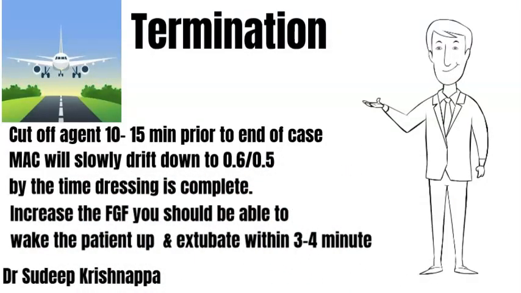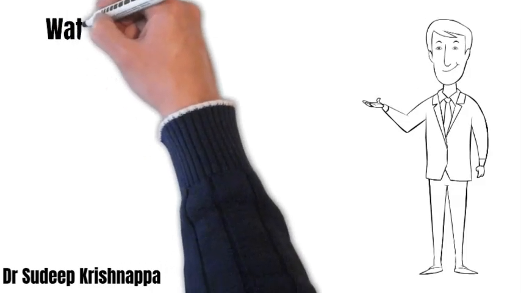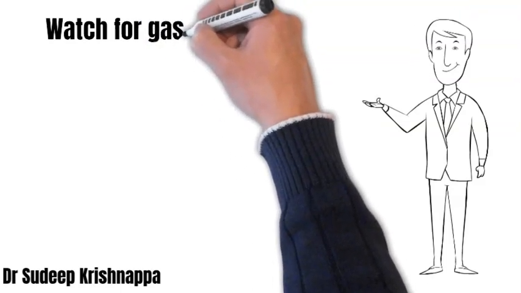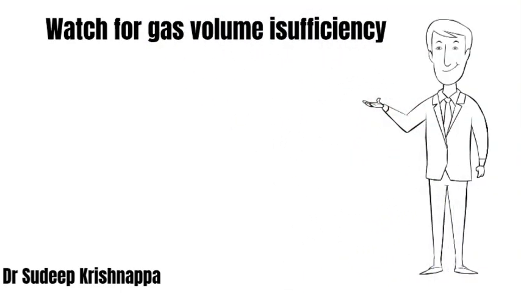Now, during the conduct of low flow anesthesia, you need to be vigilant about a few things. The first one being keeping an eye on the inspired oxygen concentration to make sure that it doesn't drop dangerously low, resulting in a hypoxic mixture. The second one is keeping an eye on the end-tidal agent concentration, making sure the anesthetic depth doesn't lighten.